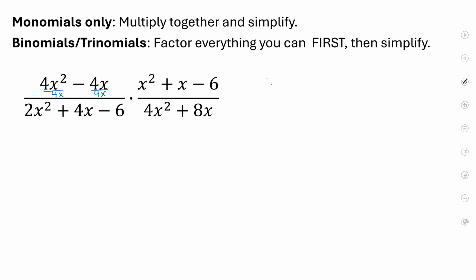So 4x is on the outside. Let's see what's left. Those 4's cancel. One x cancels out with one of those x's, so just x. That canceled, it's just 1. All right, that was the top one factored. Times, let's factor this one. What are two numbers that multiply to -6, add to 1?